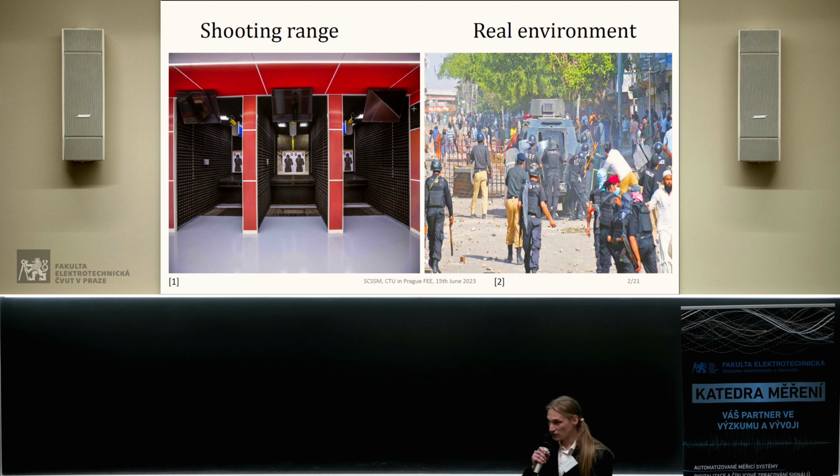We want to transfer as soon as possible conditions from the real environment to the shooting range, and it's good for better training of special security services or security forces when they train on this device.